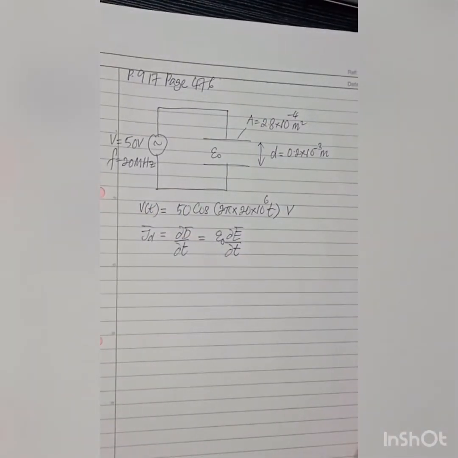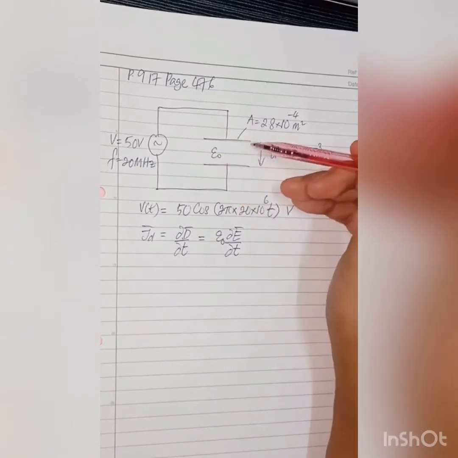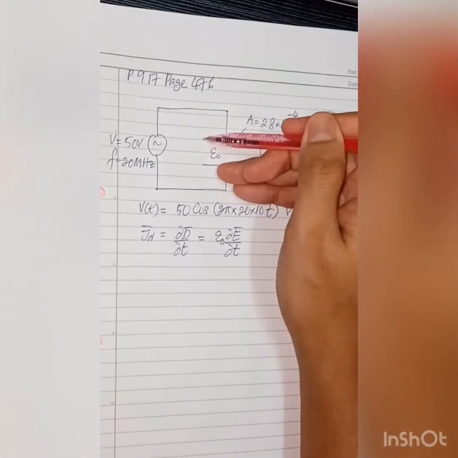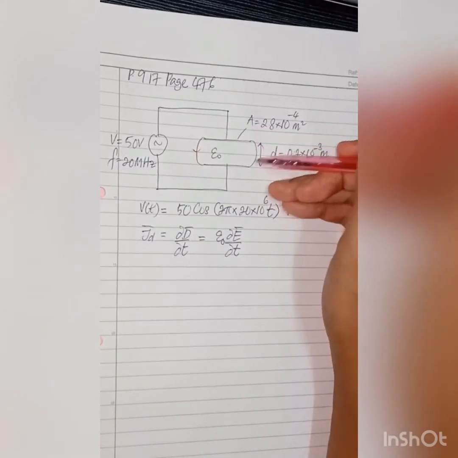Practically we will see that there is a fringing effect that appears around the edge of the capacitor.